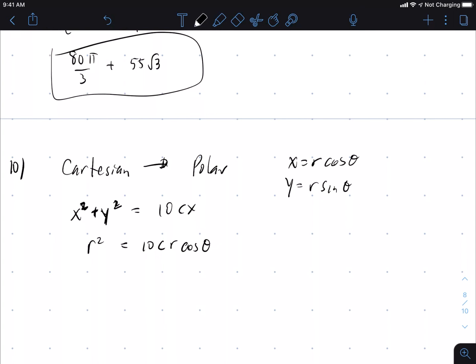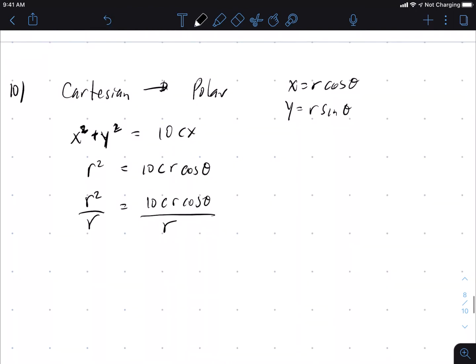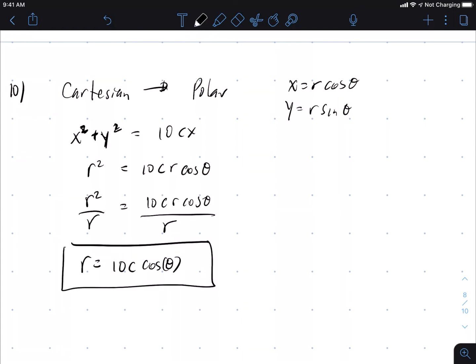Yes. And just in case you don't see that step in between, isn't that r squared cosine squared theta plus r squared sine squared theta is equal to 10c r cosine theta.